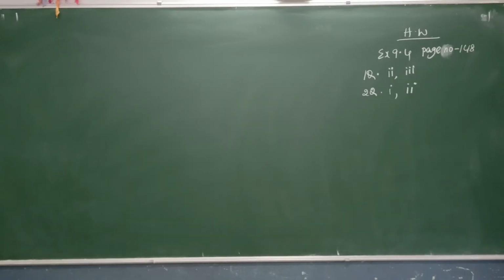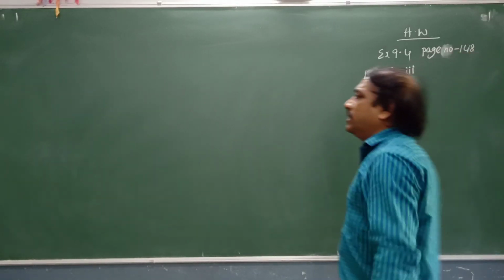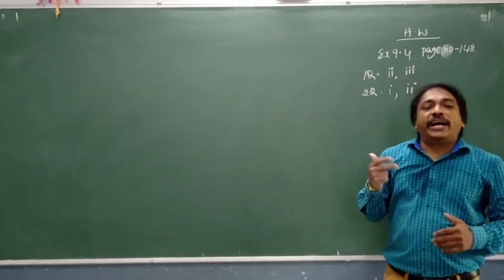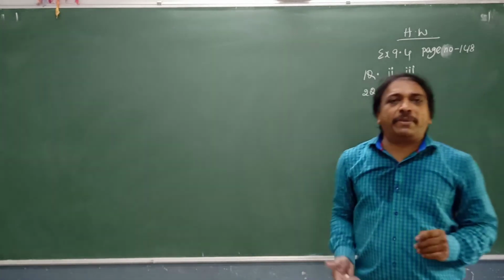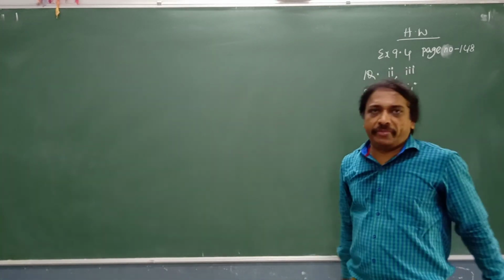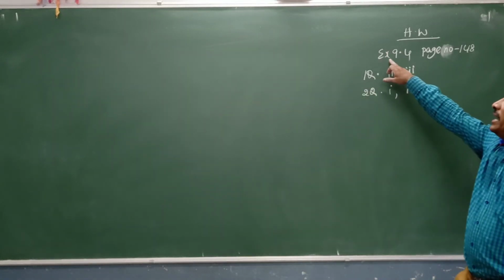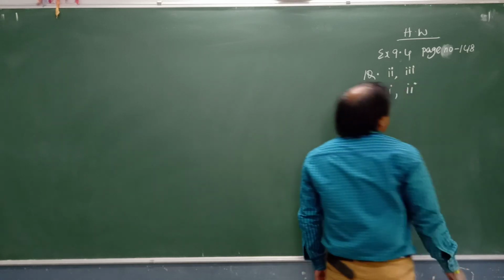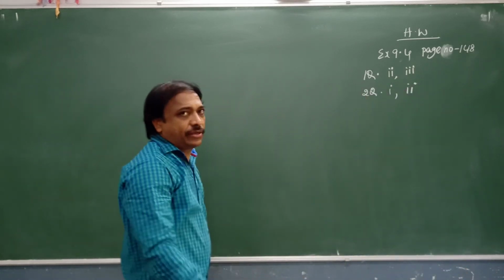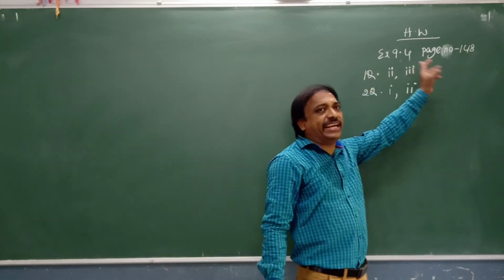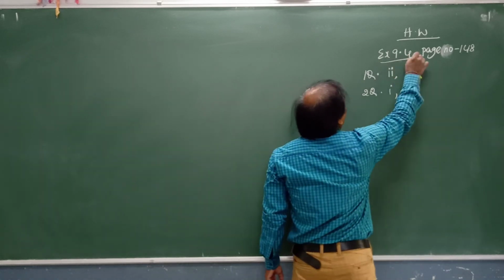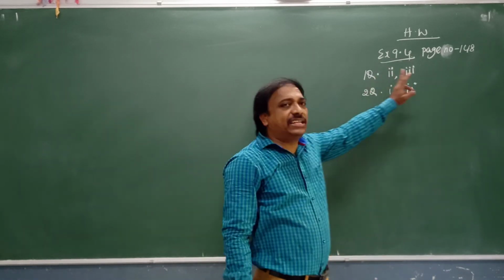I hope you understood what we have discussed in today's session. Finding product, multiplying binomial to binomial. So here we have some homework questions from exercise 9.4, page number 148. Question number 1, second and third bit.